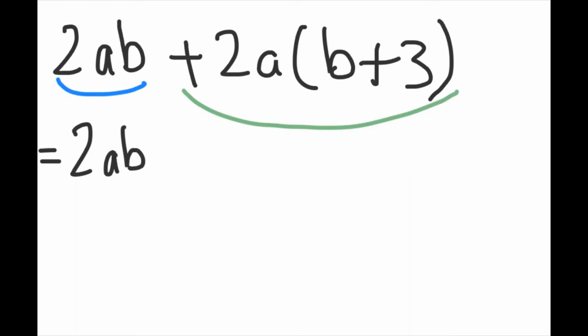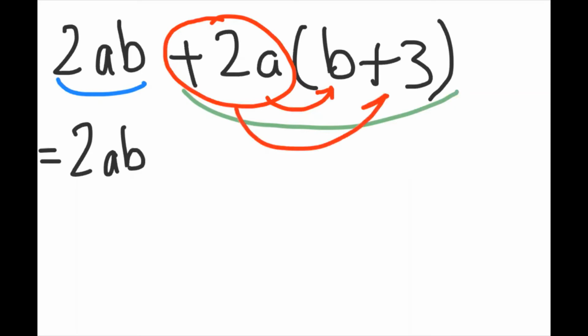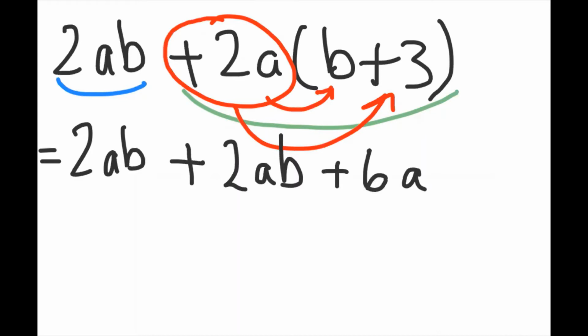Now we use the plus 2a, multiplied by b, and plus 2a multiplied by plus 3. Plus 2a multiplied by b gives us plus 2ab, and plus 2a multiplied by 3 gives us plus 6a.